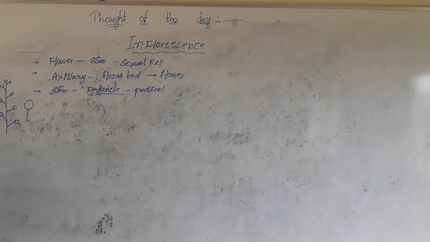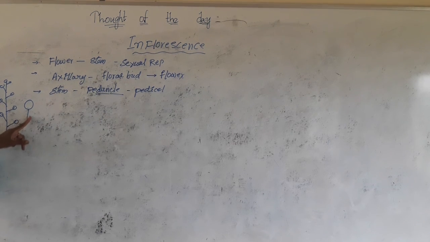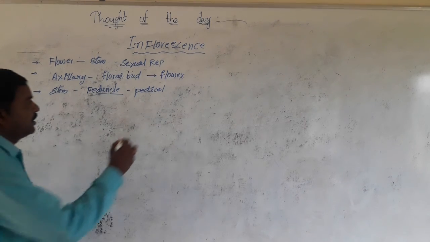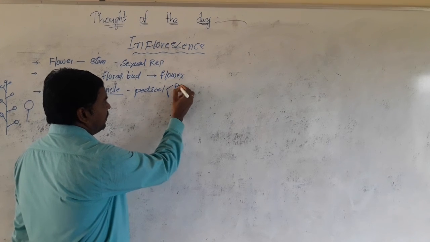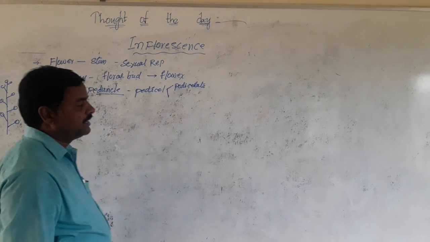Sometimes, in some members, these flowers are directly attached to the peduncle without any stalks, without pedicel. This is the pedicel, the stalk of the flower; here, no pedicel. Flower with pedicel is called pedicellate.